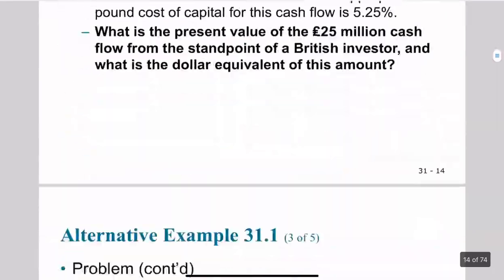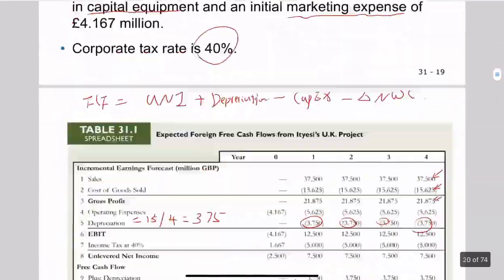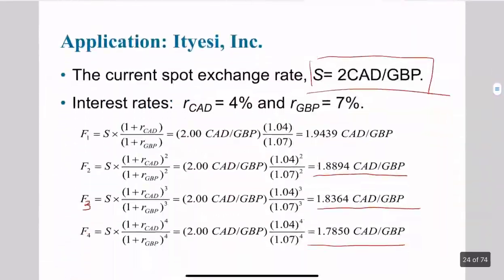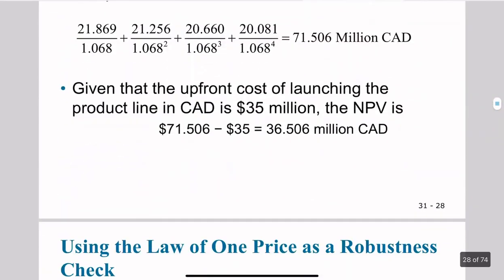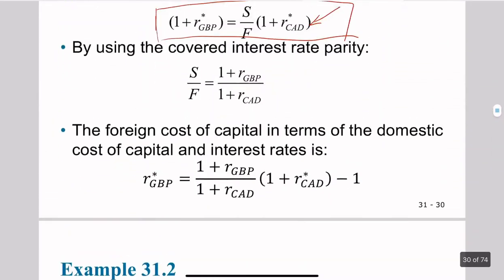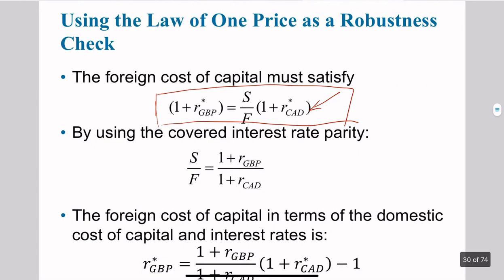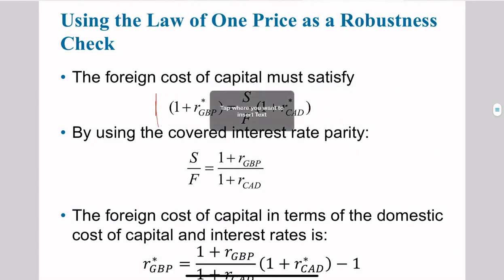Okay, I guess that's a little confusing. So let me go to the lecture note. This is the formula we learned from section 1. And this is the formula we learned from chapter 30.